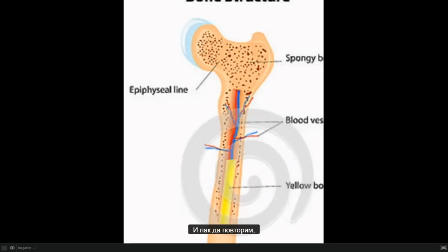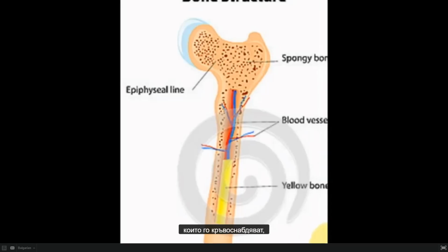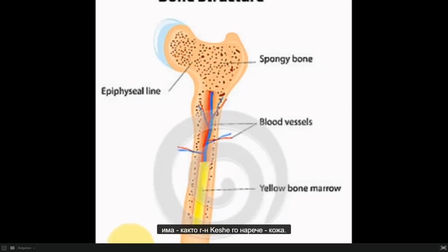And again, this is the hollow place in the middle of the bone. It is filled with the bone marrow. Actually, the bone marrow and all the vessels which feed the bone marrow have what Mr. Kesh called the skin.